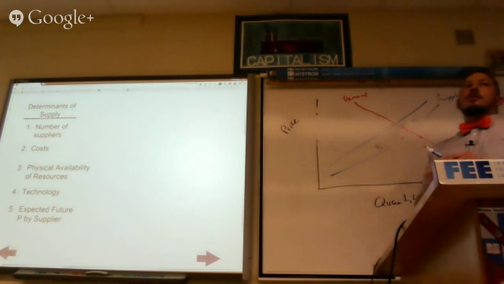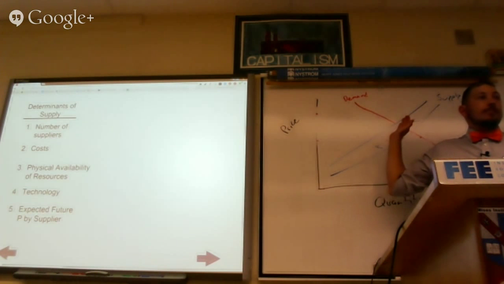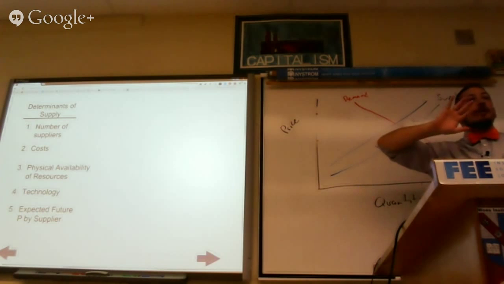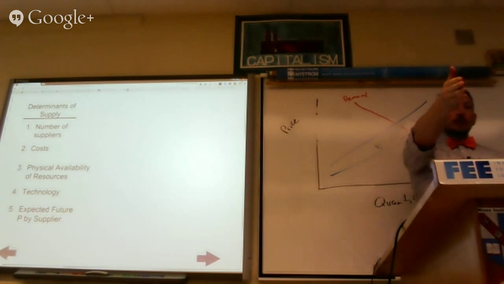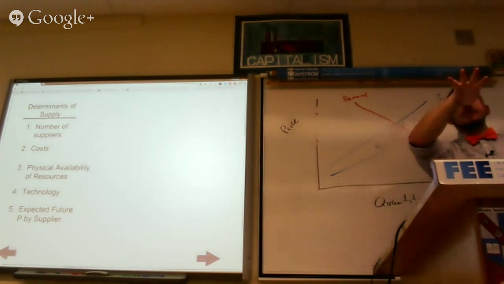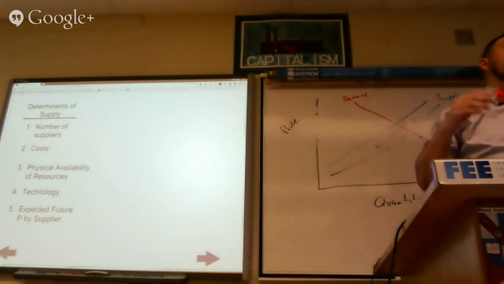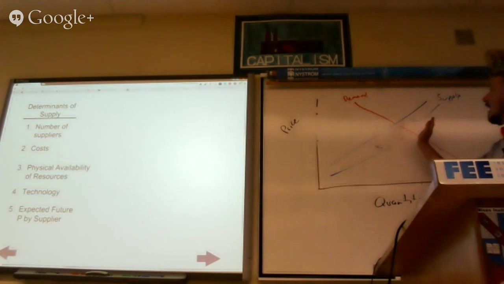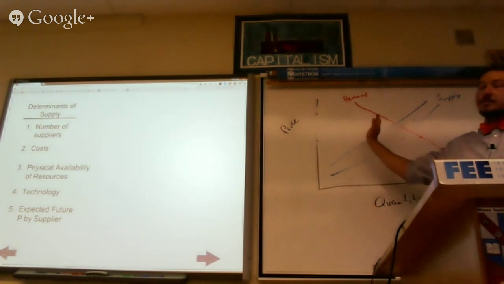No, wouldn't it be good product? We're looking at who's supplying. We're not looking at demand, so we're not looking at consumer behavior. What's going to make a company produce less of a product? Price going down. Not necessarily the price going down. The cost of manufacturing going up is going to cause them to produce less.